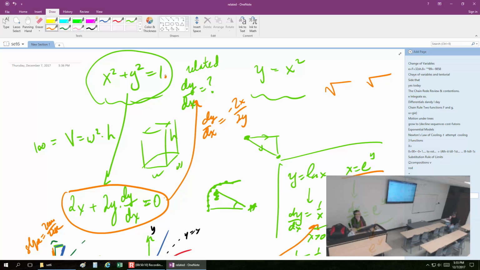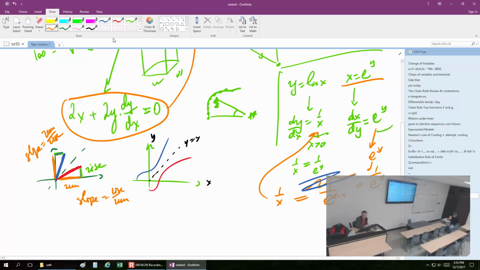Everybody pretty much remembers that, but I just want to make sure you remember: positive derivative, roughly speaking, means increasing function, and negative derivative, decreasing function. The thing that trips people up is, if the derivative is equal to 0, then what does that mean?